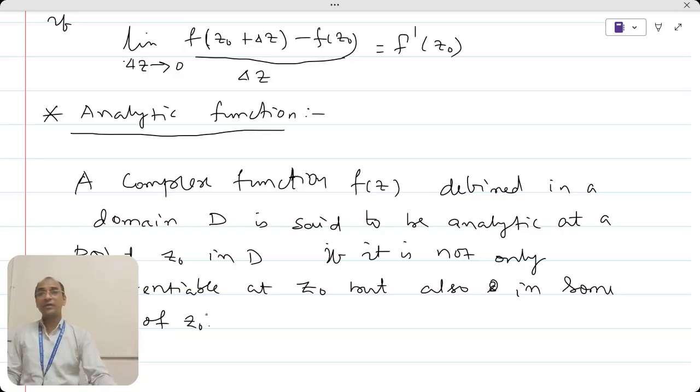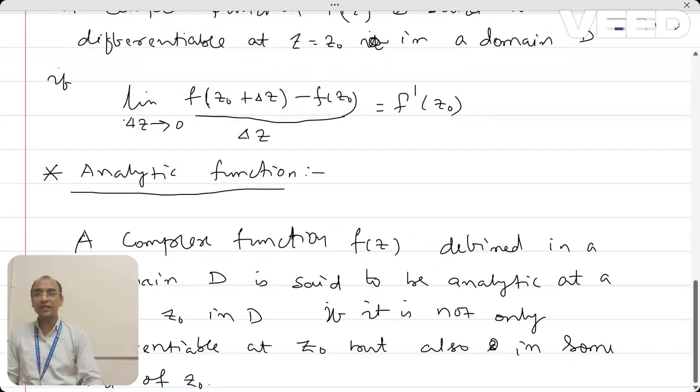That means here you see, differentiability we are checking at z naught.